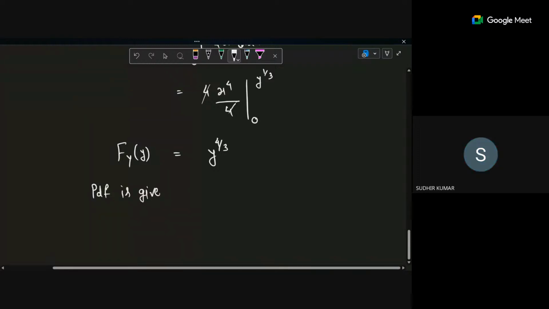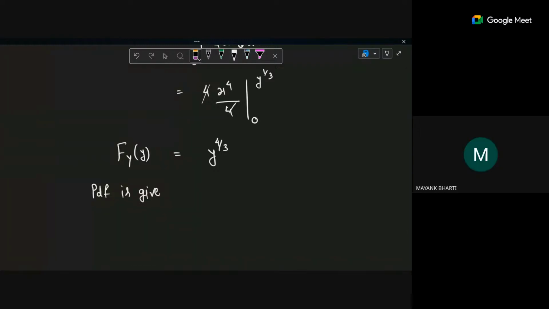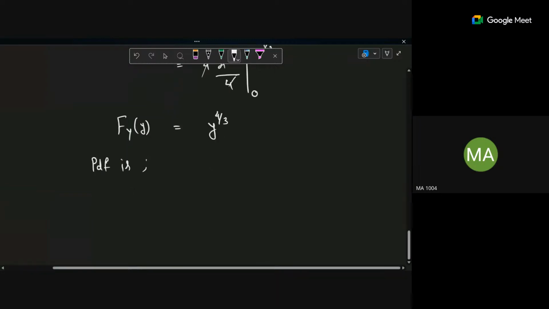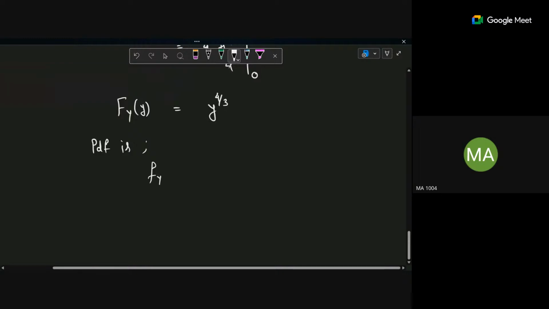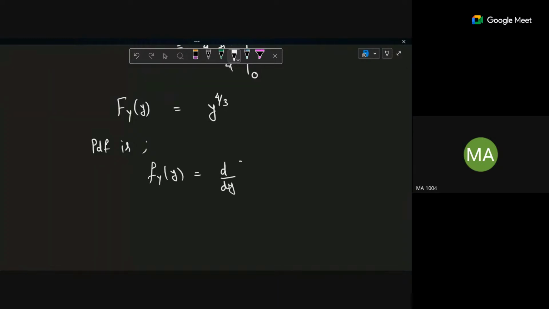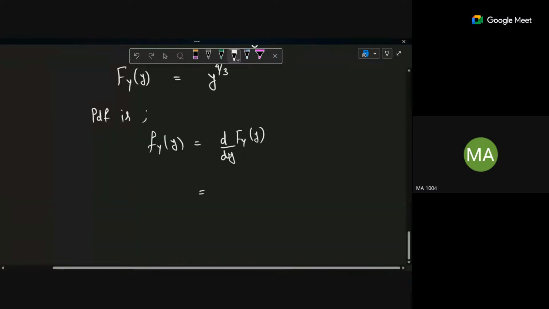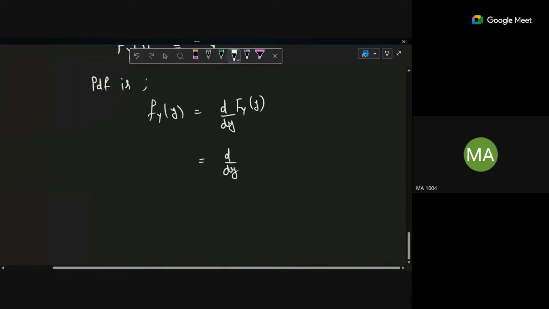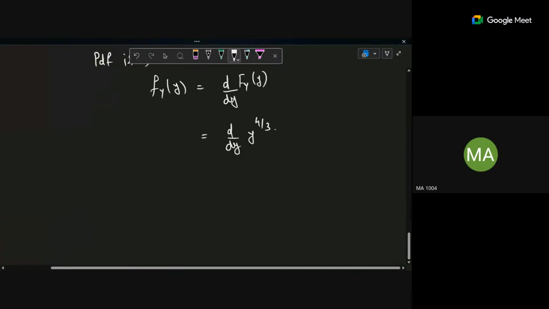Differentiate this. The PDF, small f, is nothing but the derivative of your CDF with respect to y. Isn't it matching the same answer as above?